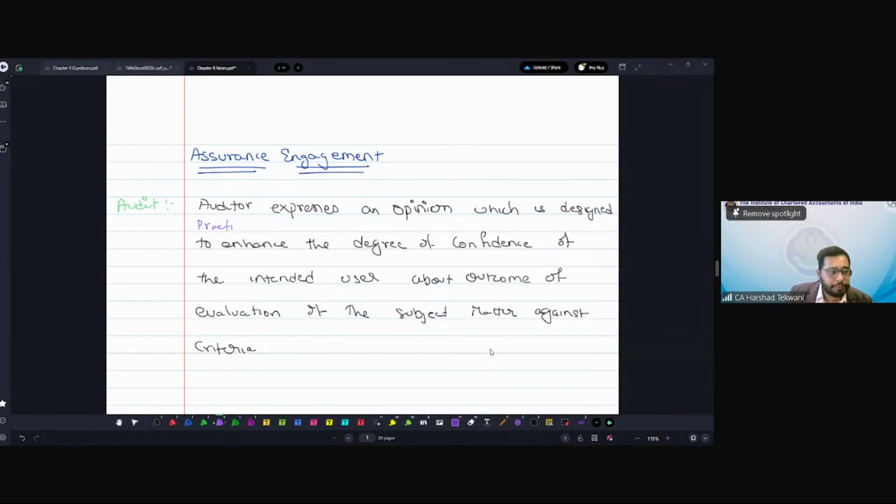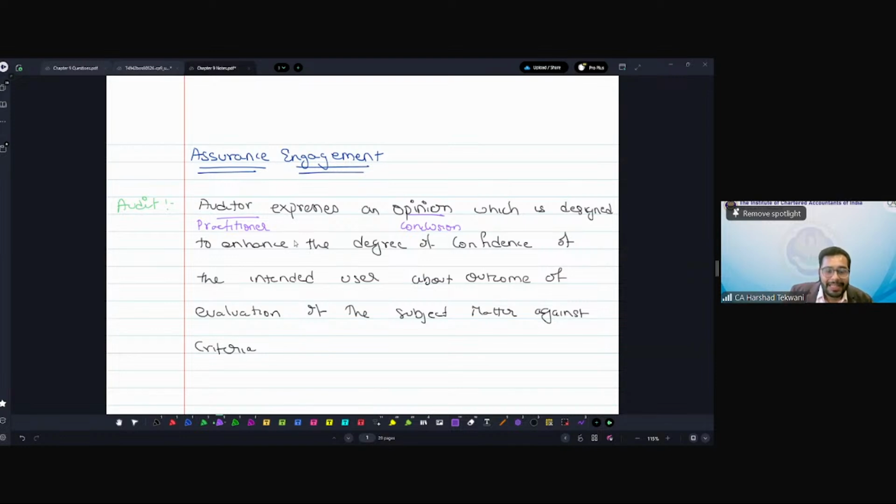Practitioner expresses or issues an opinion. Instead of opinion, I issue a conclusion, which is designed to enhance the degree of confidence. No, it is not designed to increase the degree of confidence. Rather, it is to report factual findings.